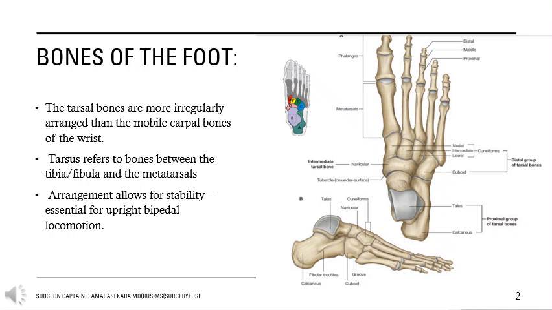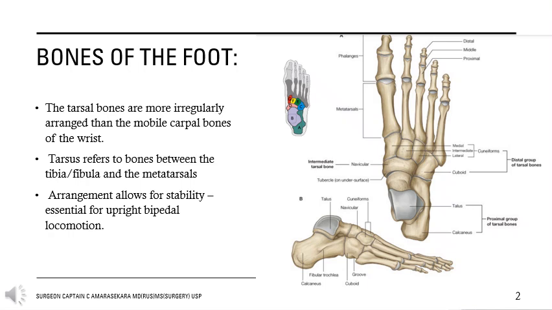The tarsal bones are more irregularly arranged. This configuration provides stability critical for bipedal locomotion and weight bearing. This irregularity affects how we interpret imaging planes and plan beam entry, especially in trauma or post-operative cases.